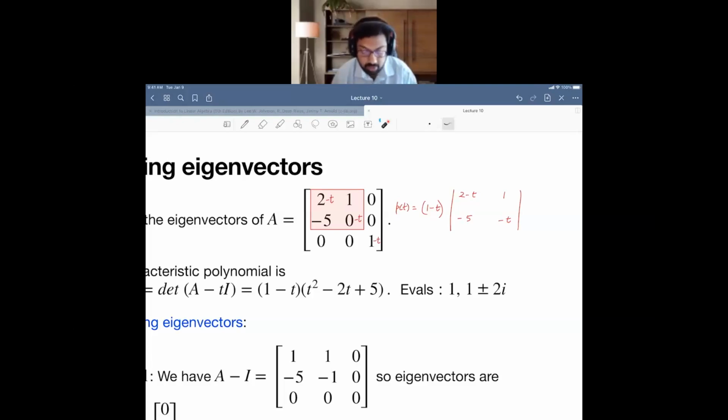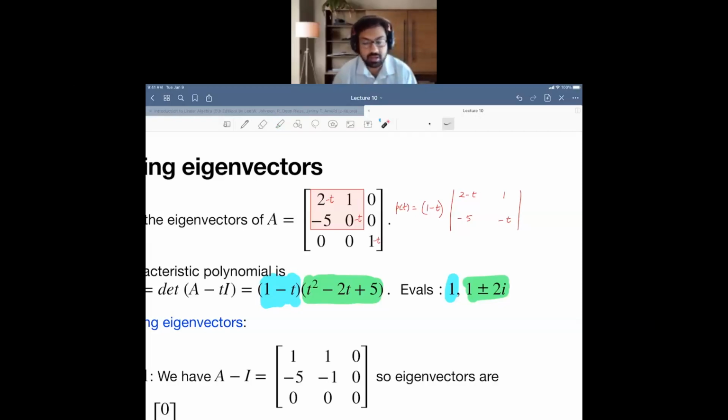If you factor it out and look at the roots, you get a real root from here, 1, that's your eigenvalue. And because of the quadratic, you can solve the quadratic equation, look at the roots, and you will see that you get 2 complex conjugate roots, 1 plus or minus 2i. So those will be the values of t that will make that characteristic polynomial go to 0. So now you have 3 eigenvalues.